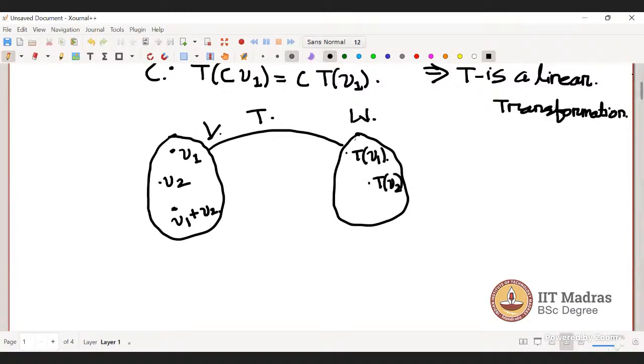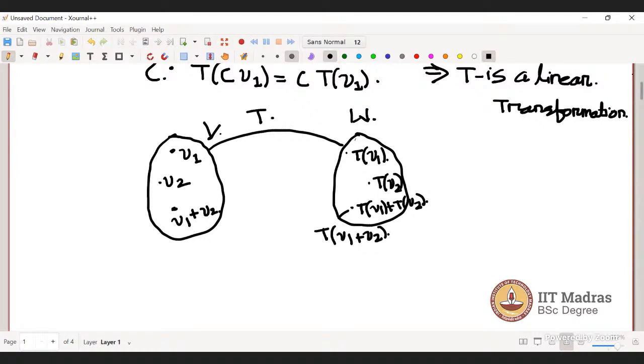If I add these two elements, T of V1 and T of V2, then I should get T of V1 plus V2. Similarly you can see what is going on in the other case.